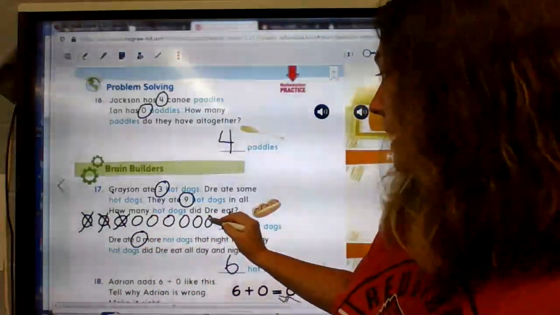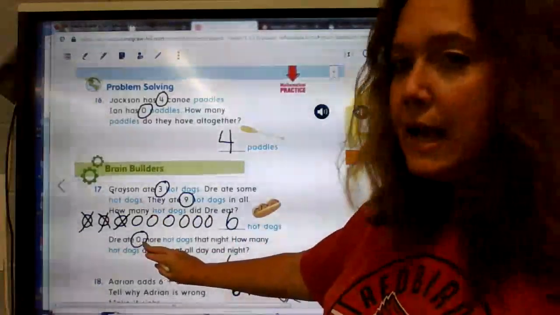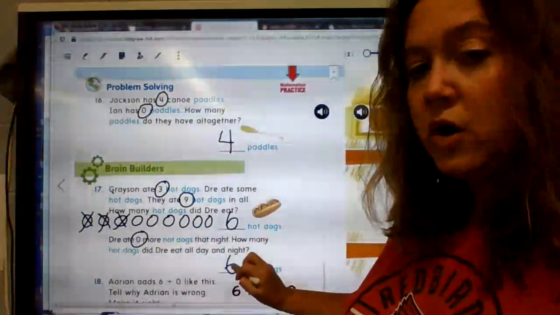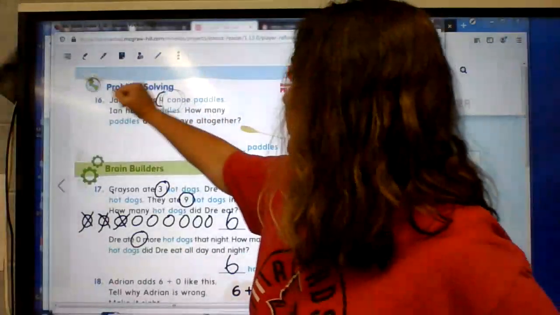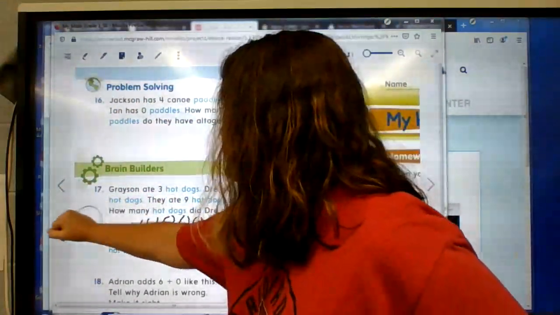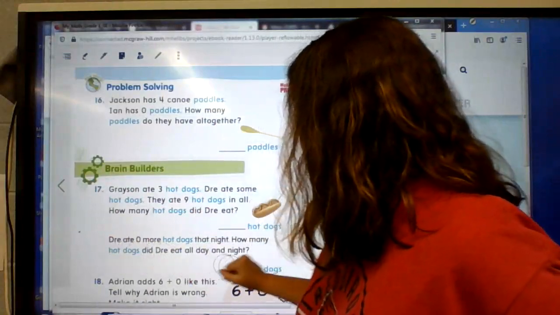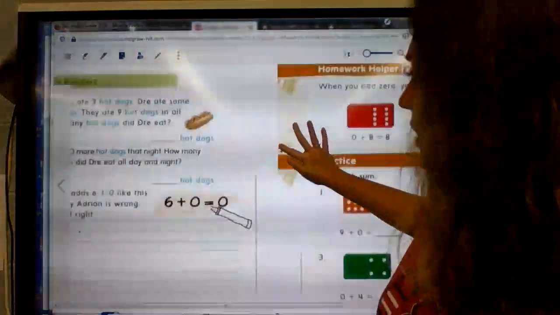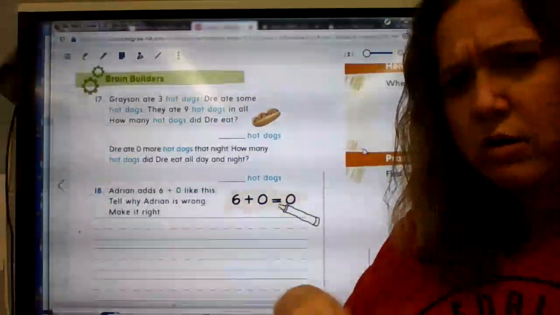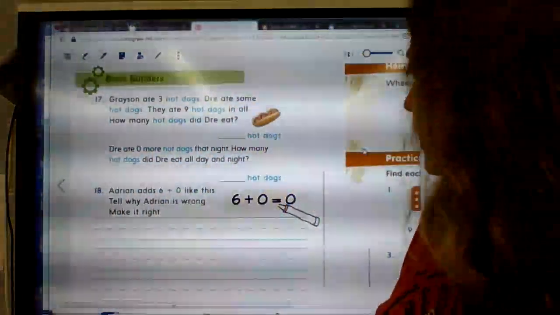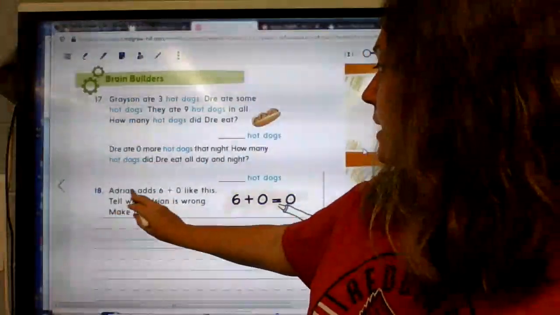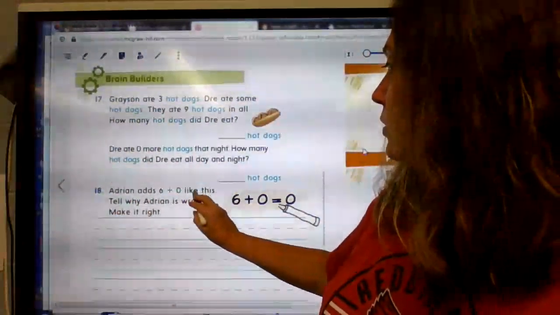Earlier he ate 6. Later he didn't have any. Altogether there are 6. That was kind of tricky. We'll learn how to do that more later on in the year, so it's okay if you kind of didn't understand that one.